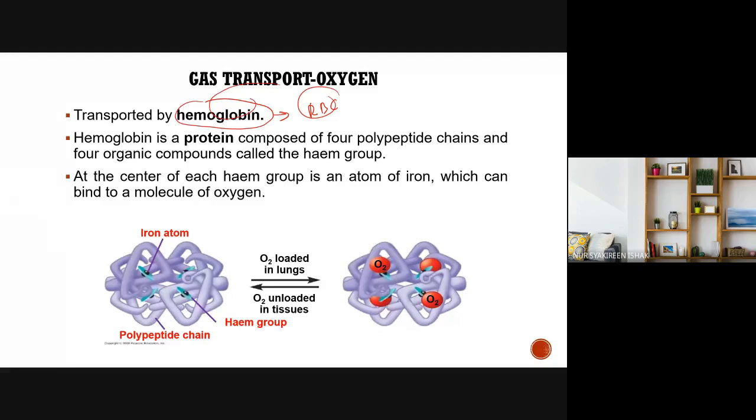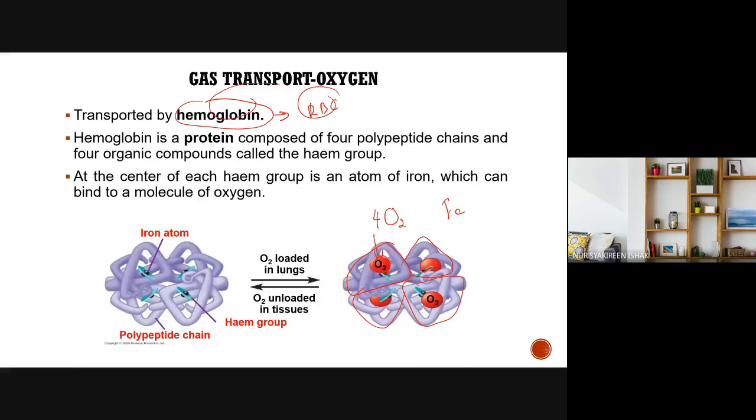And each hemoglobin will bind to 4 molecules of oxygen. Because the hemoglobin structure consists of 4 polypeptide chains, 2 alpha chains and 2 beta chains. And in the middle, you have the heme group, and inside the heme group you have an ion, ferrum. So the ferrum will bind to one oxygen molecule for each.